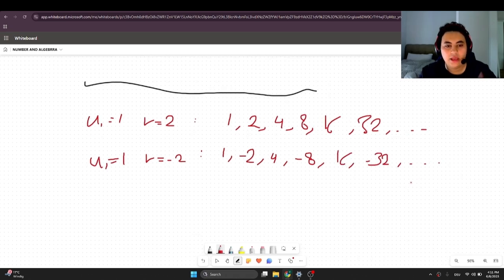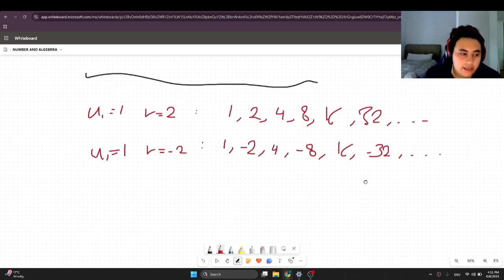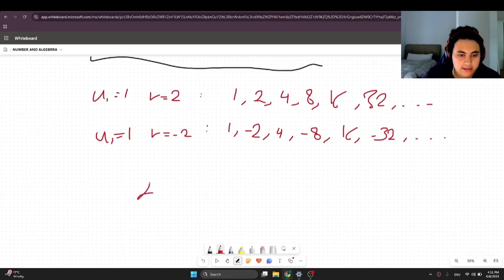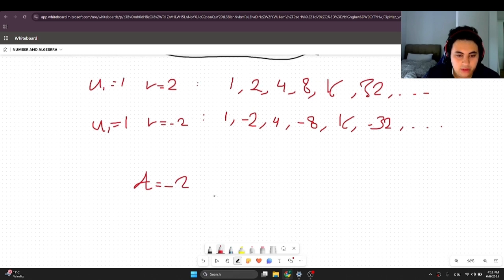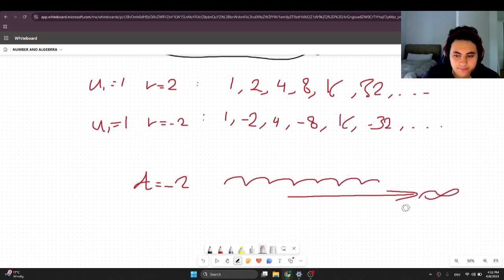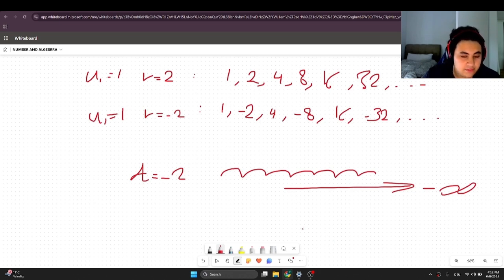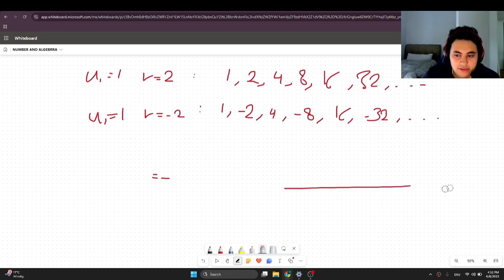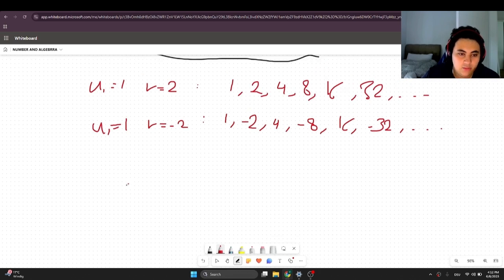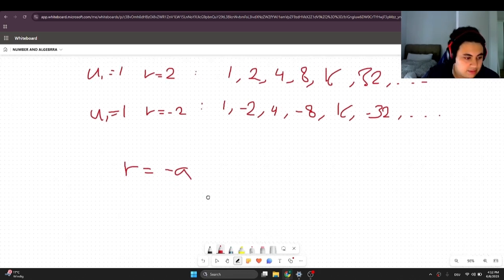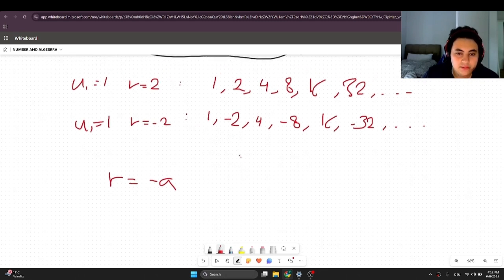So here's the interesting part. In arithmetic sequences, when d is negative, you keep on descending, descending, descending, and you go into negative infinity. That's for arithmetic sequences. But geometric sequences are a bit different, because when r is a negative number, then your terms alternate.